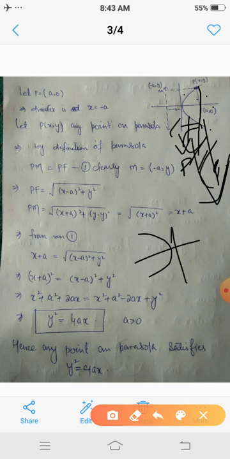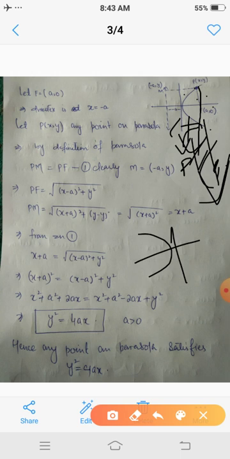Symmetric along the y-axis means that if (x, y) is a point which lies on the given curve in such a way that (minus x, y) also lies on the given curve, then we say that it is symmetric along the y-axis.